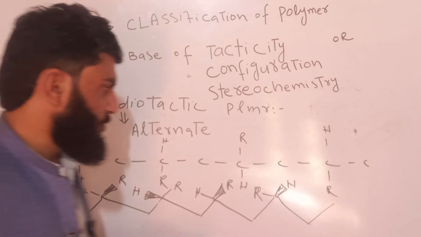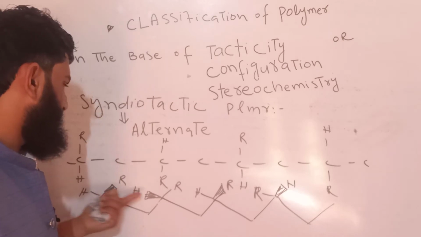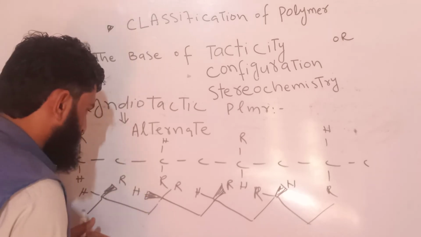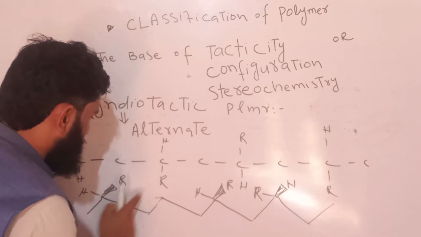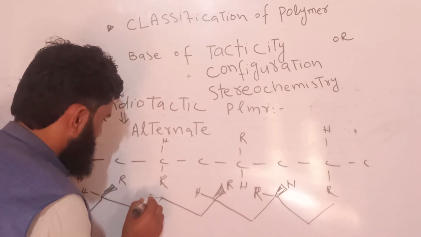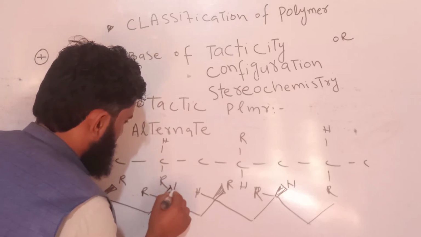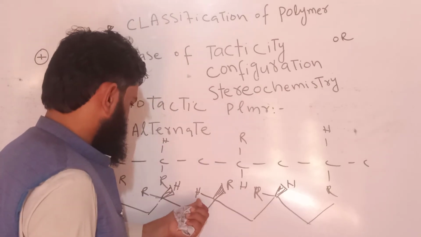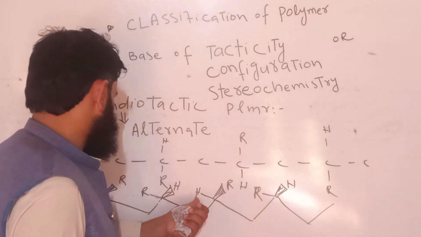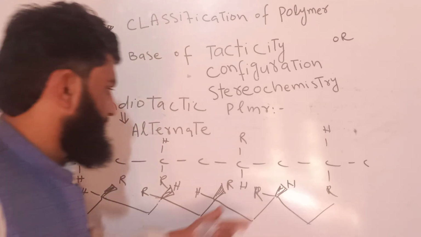In this manner you can write it, or you can write it as, for example, R and H, no matter. And it is H and it is R. Clear? You can write it as, and so on.